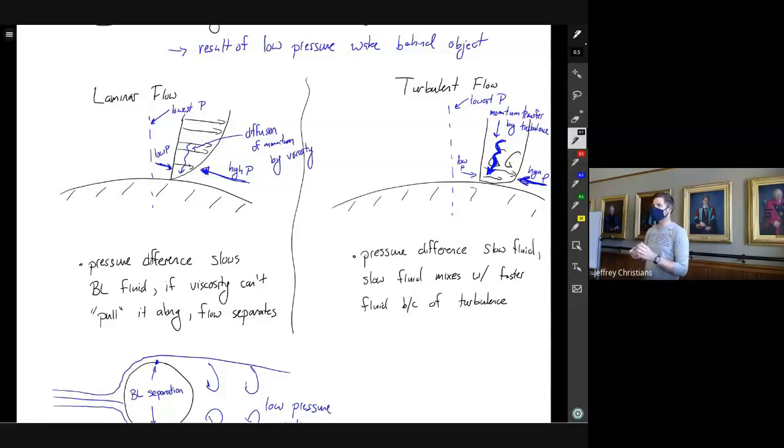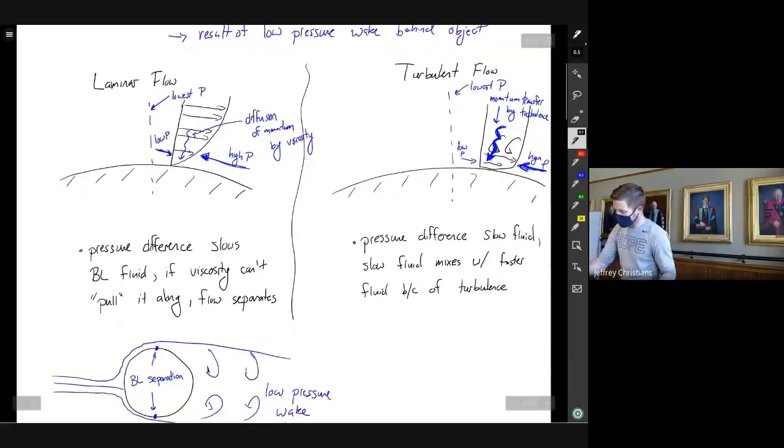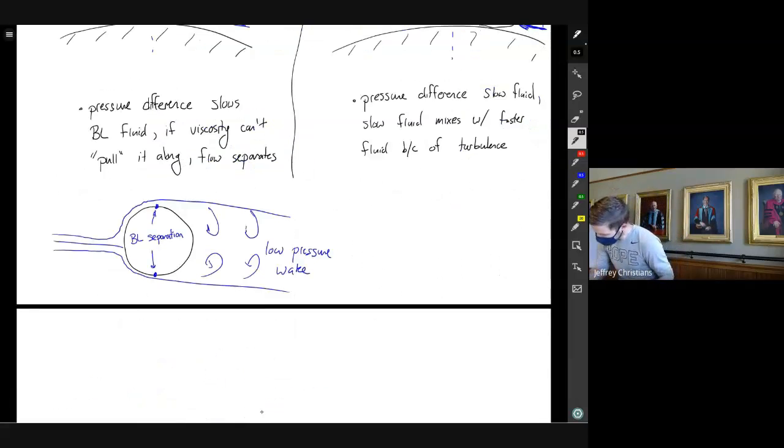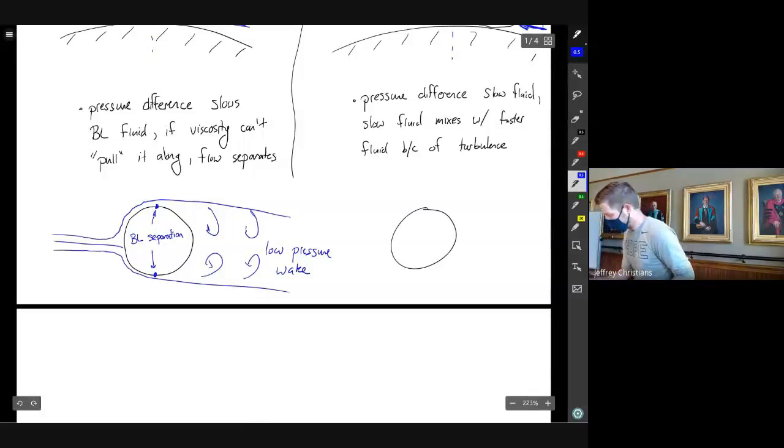So you don't get to this point as easily, where you slow down to a complete stop and turn around and actually separate from the surface. So in this case, with a ball like that, you'll see the fluid stays and follows the curve of the ball much longer.